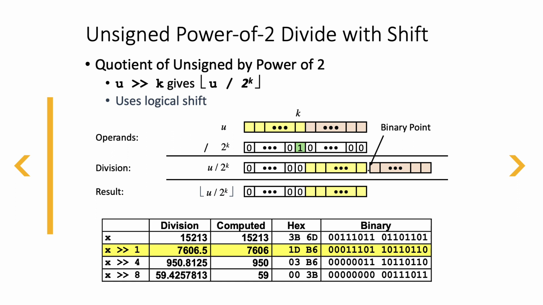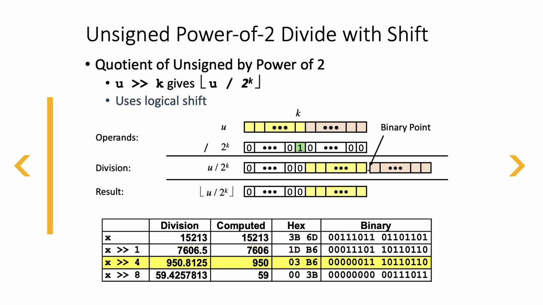If we just did mathematical division by 2, 15,213 divided by 2 is 7,606.5. Once again, though, we don't have fractional values to work with when we're dealing with integers. So we take the floor of that and we get 7,606, which, as we can see in the bit pattern, is just the bit pattern shifted over to the right by 1.